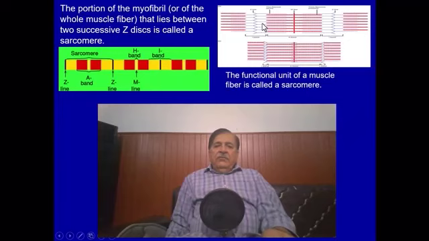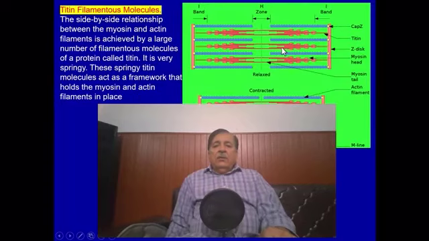The actin filaments are attached to the Z lines directly, while the myosin filaments are attached by springy molecules. They are very springy and are attached to the Z lines and to each other side by side. Titin molecules act as a framework that holds the myosin and actin filaments in place.